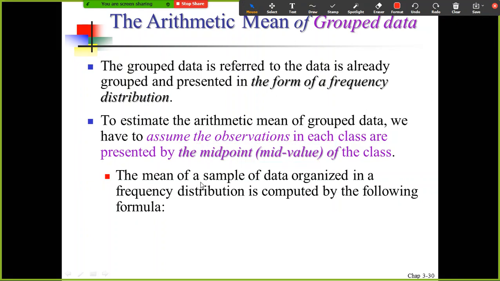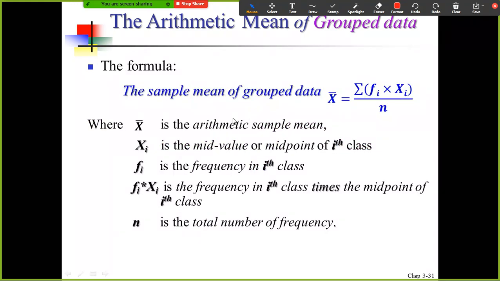The mean of sample data organized into a frequency distribution is computed, calculated, or estimated, they have similar meaning, by the following formula. We use a sample because of x bar.